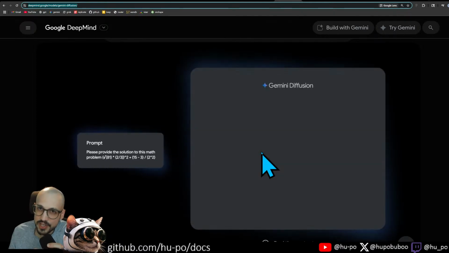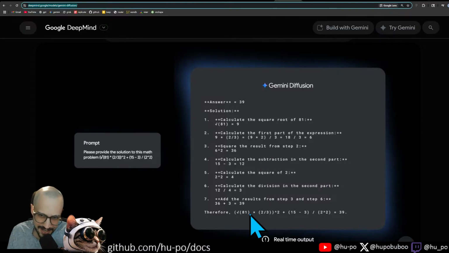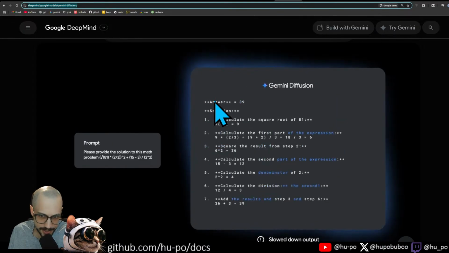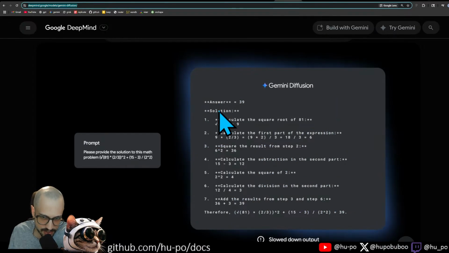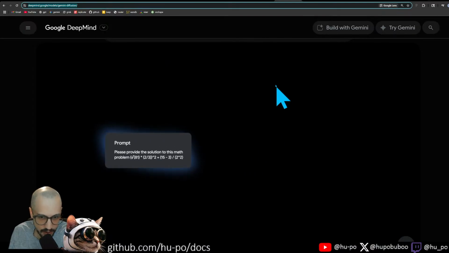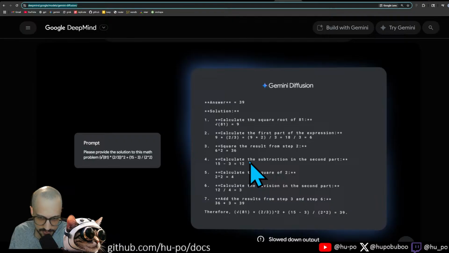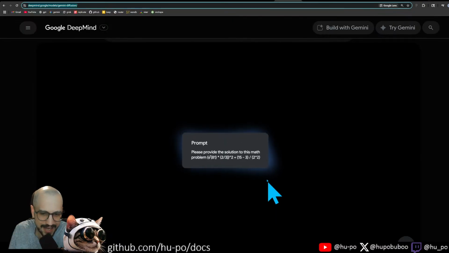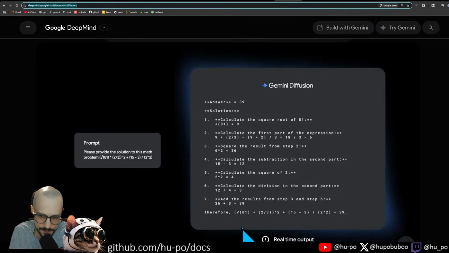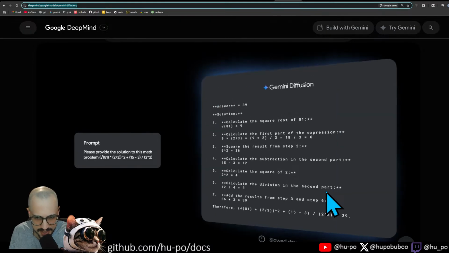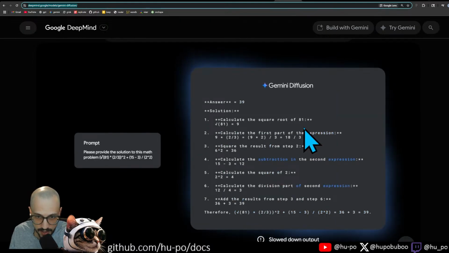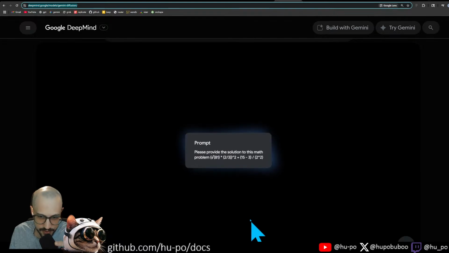You can solve that as a human, right? If you have a math problem as a human, you can basically do it left to right, fully autoregressive, where you're like, okay, I'm going to do step 1, then step 2, then step 3, then step 4. But you can also do it in a more diffusion kind of way, where you say, okay, I know I'm going to need this step 6, and I know that I need this step 1, so I'm going to write that one first, then step 6.